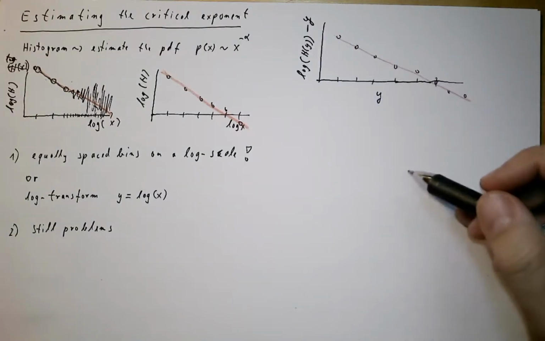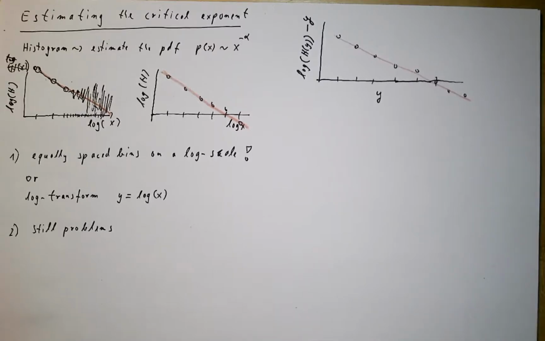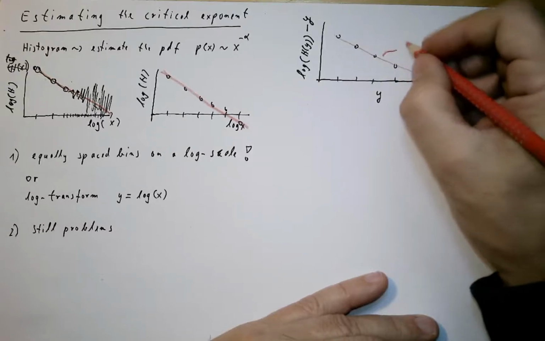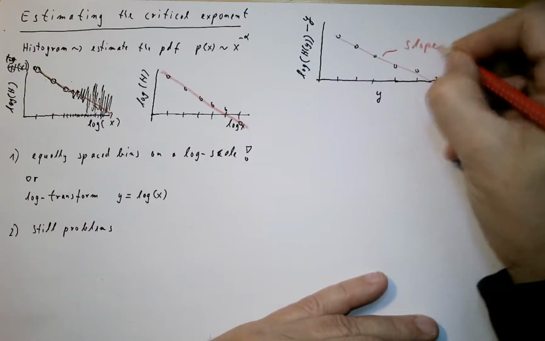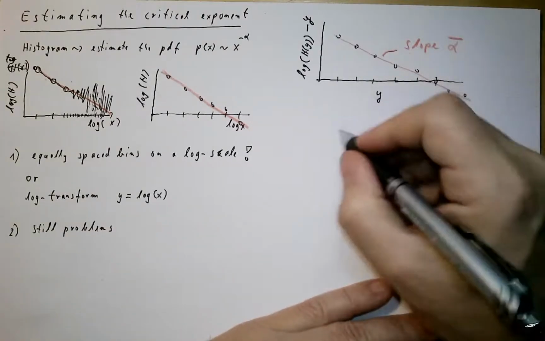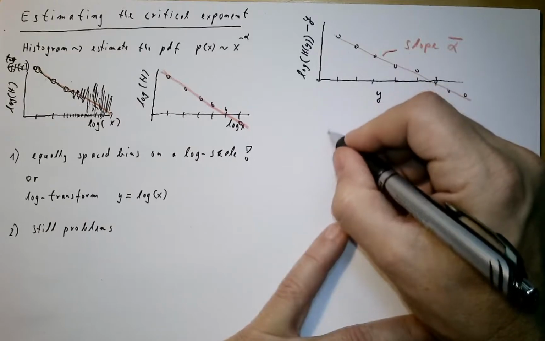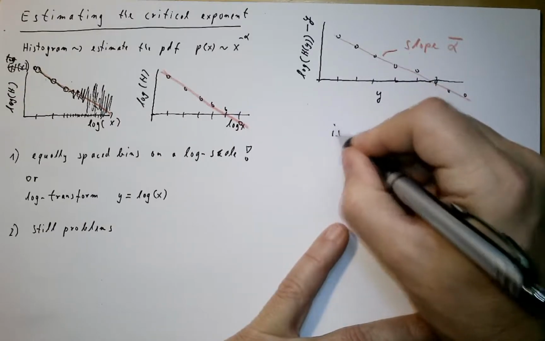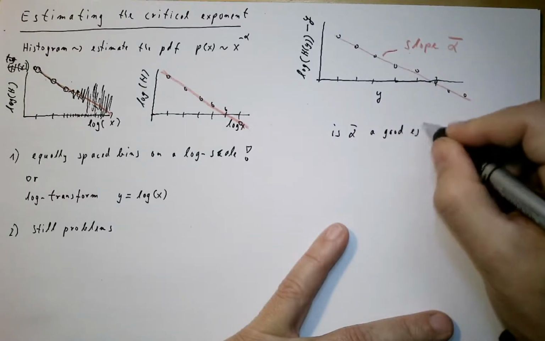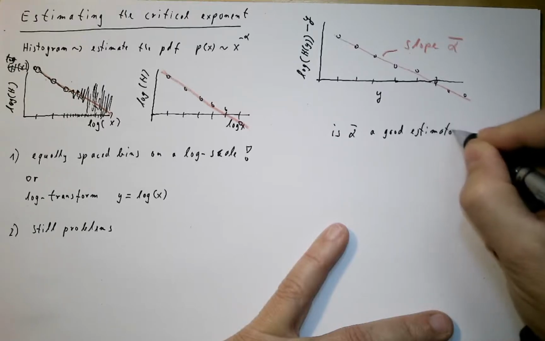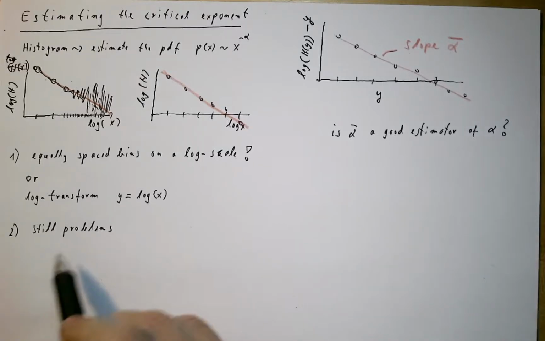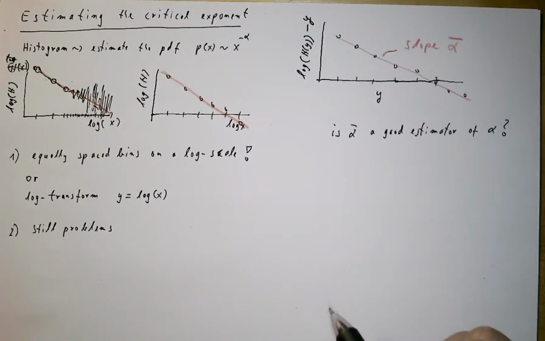So what do you do? The first thing is, we make the slope. Let's call this alpha bar, and then the question is: is alpha bar a good estimator of the real critical exponent alpha? There are still problems, and that's typically not always the case.